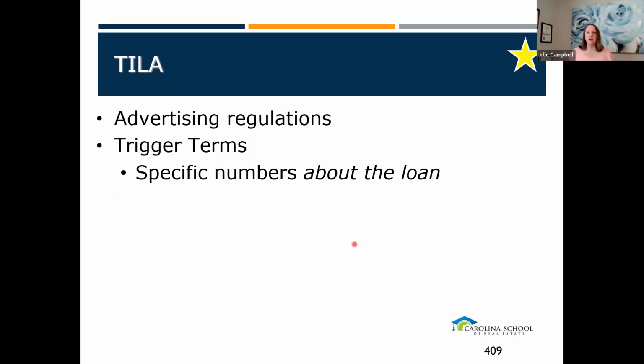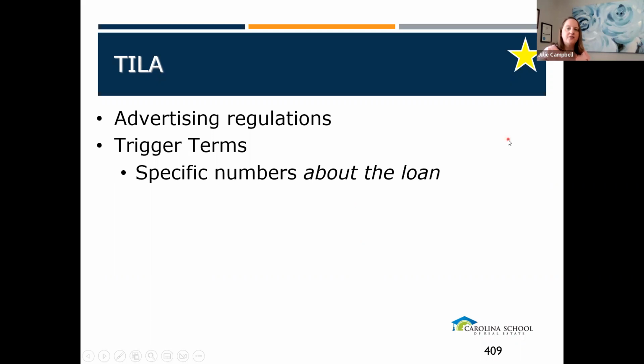We're going to look at some examples of this in just a second to make sure we're clear. But a trigger term is a specific number in the ad about the loan. It's the difference in saying low down payment versus zero down payment. If I say low down payment, have I set a number? No. If I say zero down payment, have I set a number?